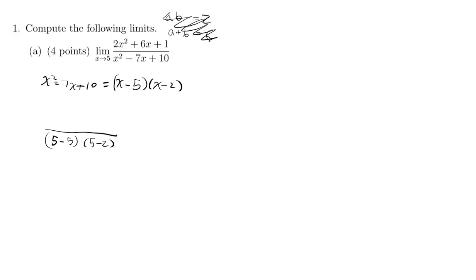Whereas the top is 2 times 5 squared plus 6 times 5 plus 1. And what's that? 25, 50, 30, 80, 81 on the top, whereas 5 minus 5 is 0. So you end up with a limit that looks like a non-zero number divided by 0. In that case, the limit does not exist.